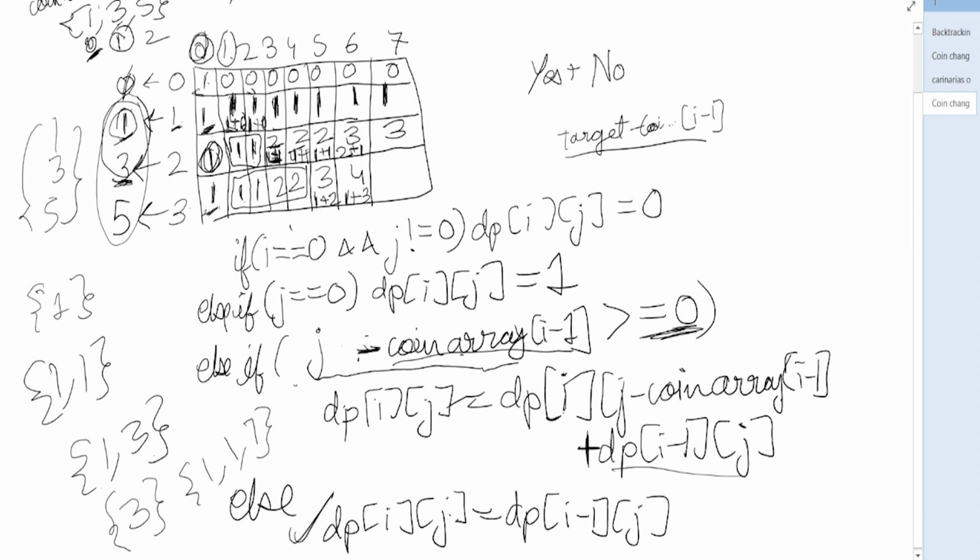So this is 4. For 7 minus 5, that is 2, the yes part will return 1, and the no part will return 3. So our final answer will be 4. So that is how we are filling the DP table. Now let's code it out in the GFG platform.